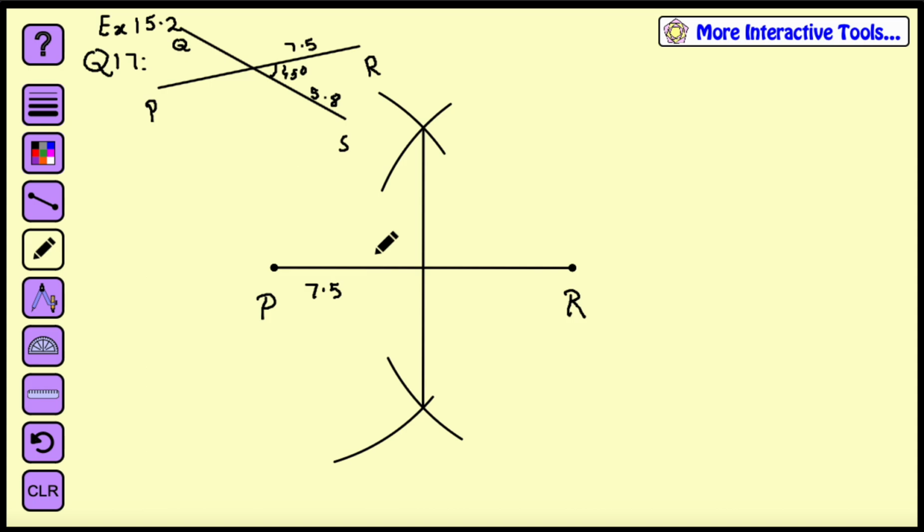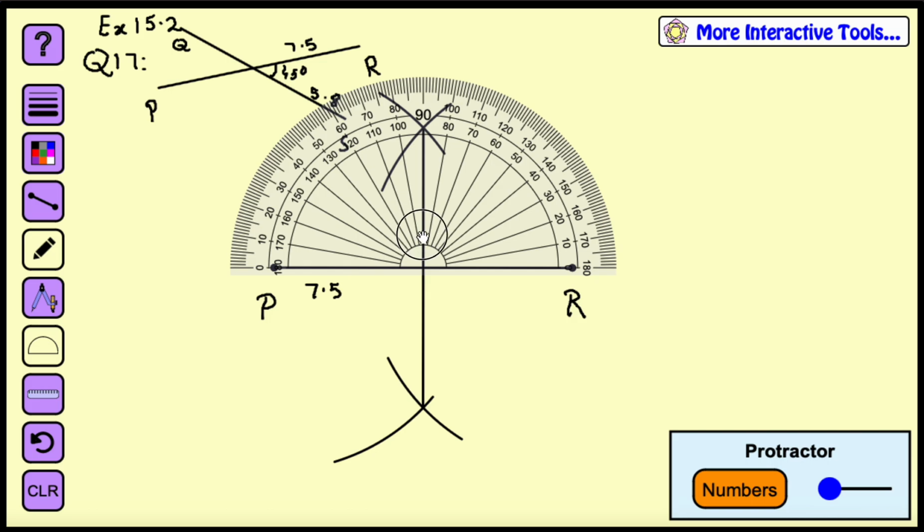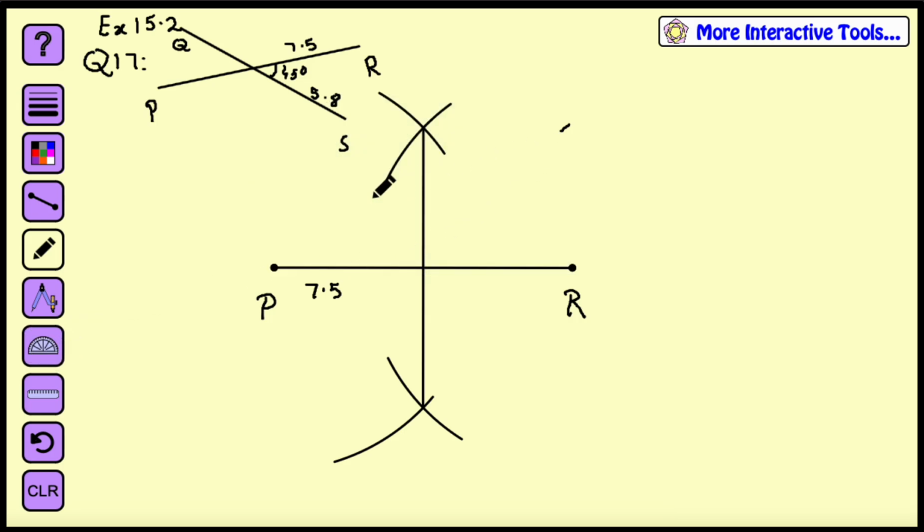Now what we have to do, we have to draw the angle between them, 45 degrees. So take this one as the center and mark 45.